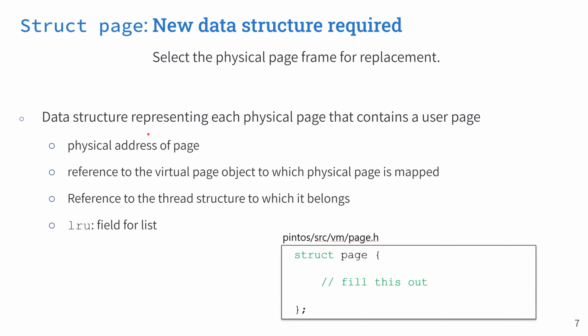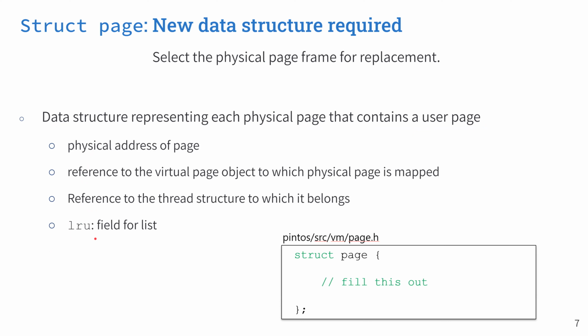This data structure represents each frame that contains a user page. Here, user page means the virtual page you implemented in the last lab session, and it contains some elements. First is the physical address of the page. Second, a reference to the virtual page object to which the physical page is mapped. And third, a reference to the thread structure to which it belongs.